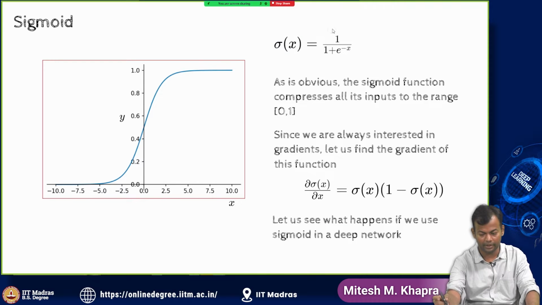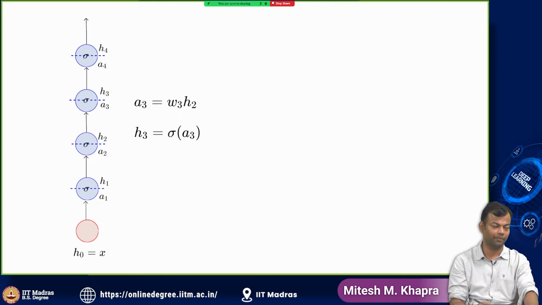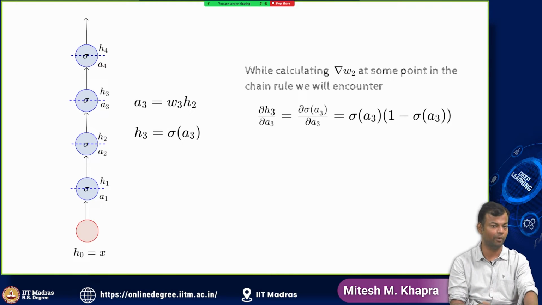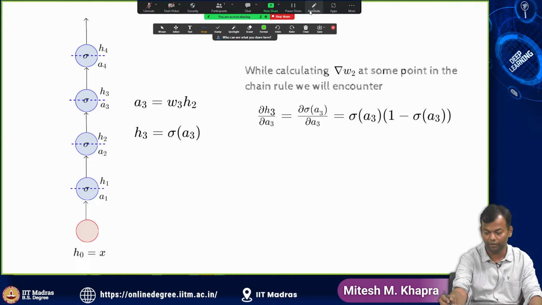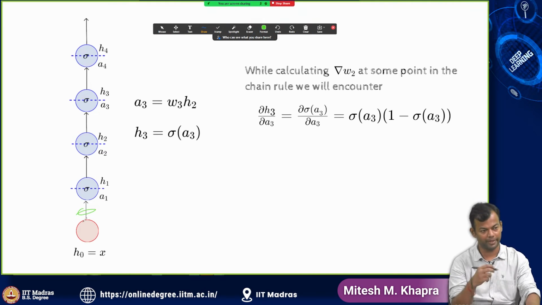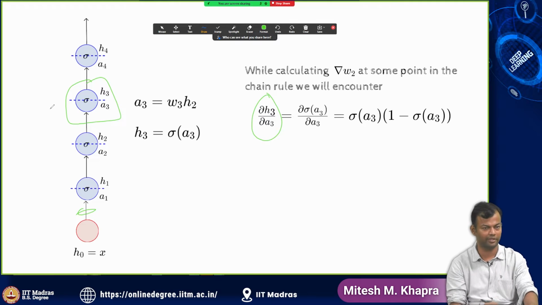So let's try to go there now. This is a deep neural network, and if I've used sigmoid nonlinearity, then at some point in this chain rule, suppose I am trying to find the derivative of the loss function with respect to this weight, I am going to encounter the derivative of h3 with respect to a3.